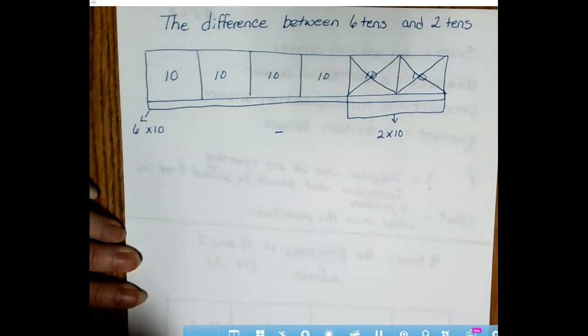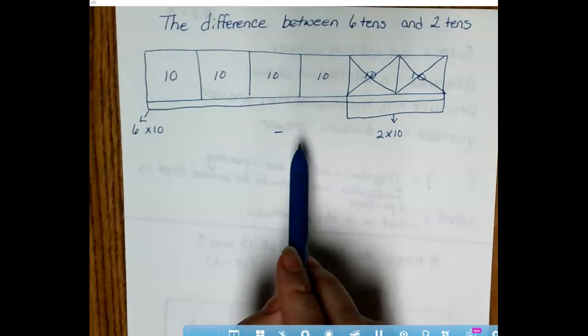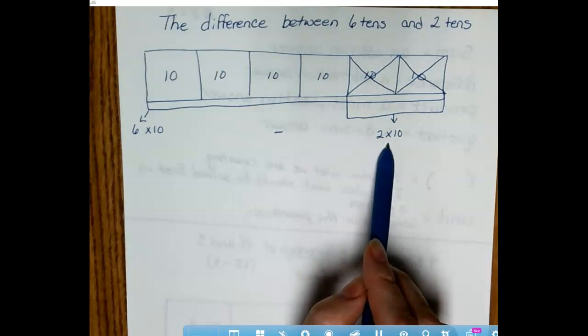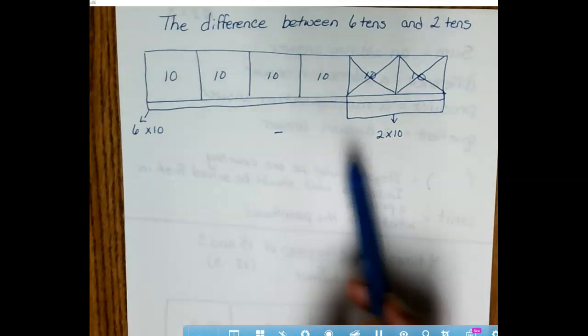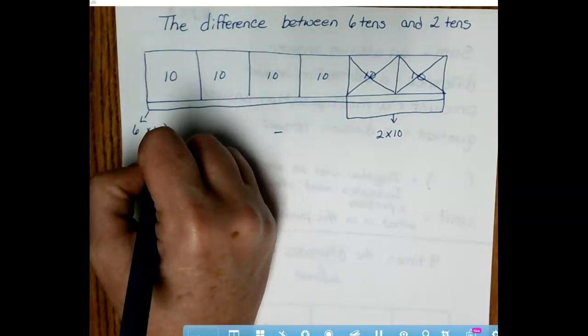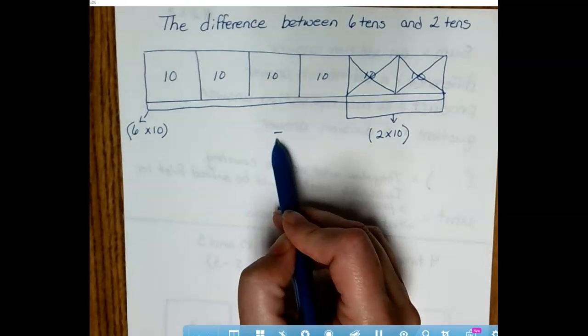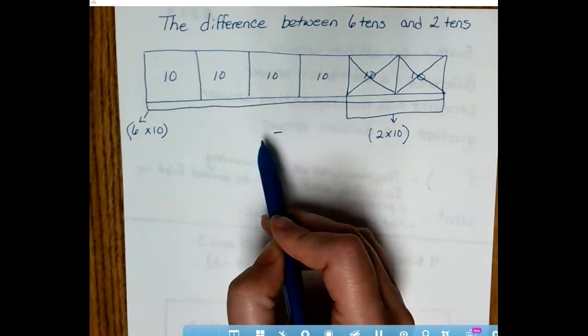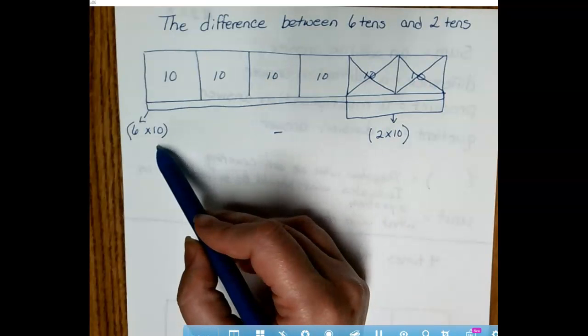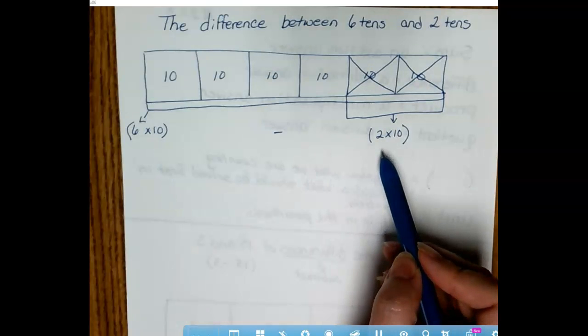So if I want to take this and subtract the answer of this, I need to put these in parentheses so I know that they come first. And here is my subtraction telling me that I am going to subtract from this amount.